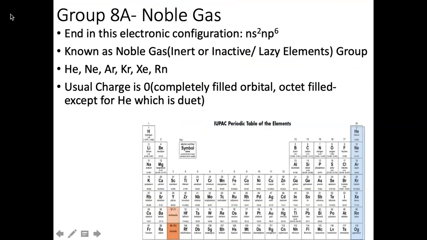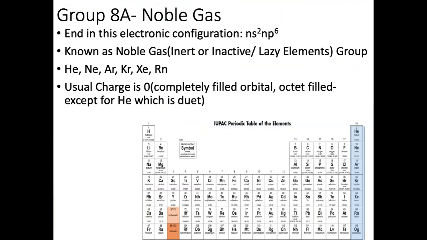And so these are known as group 8A or noble gases. Noble, in English, means like you're a rich person. You don't need someone. Okay? They're called noble gases because these gases are non-reactive. It seems that they don't react, or sometimes they are called inert or inactive elements.